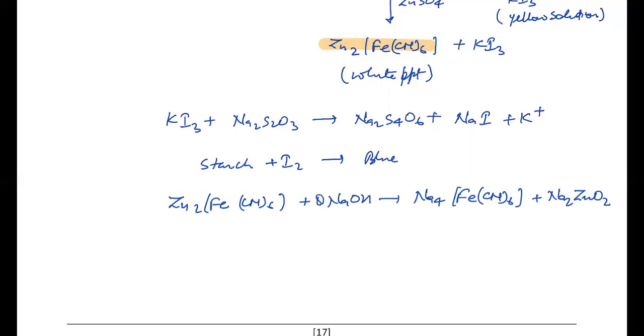So it is 8 NaOH, 2 times Na2ZnO2, and plus 4 units of water. You can see it is balanced. So this is sodium zincate, a soluble complex.